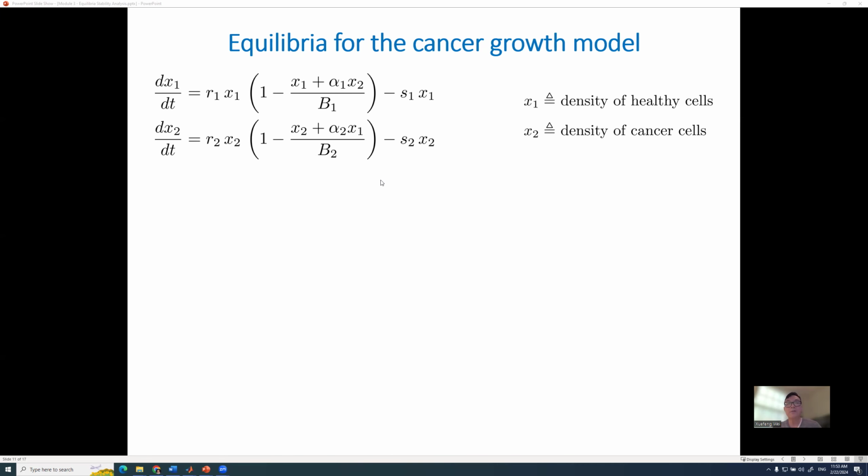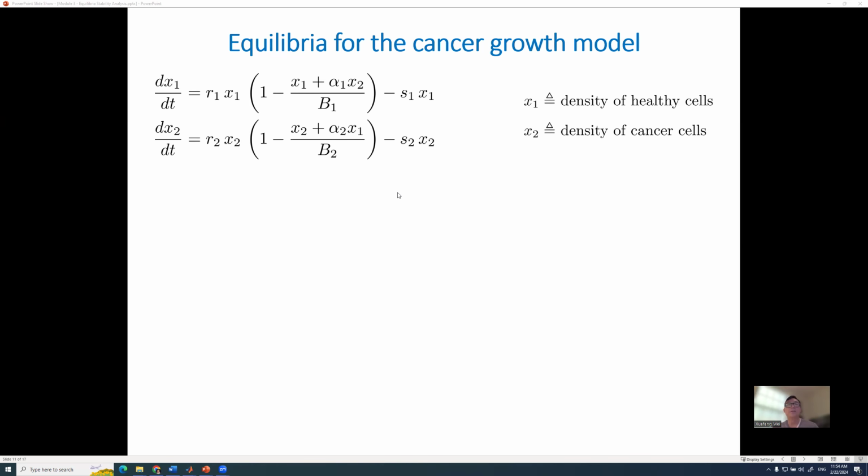This may be a very strong assumption, given that cancer cells need nutrients just as healthy cells in the organ do. But for the sake of argument, let's just assume they only compete for volume or for space.